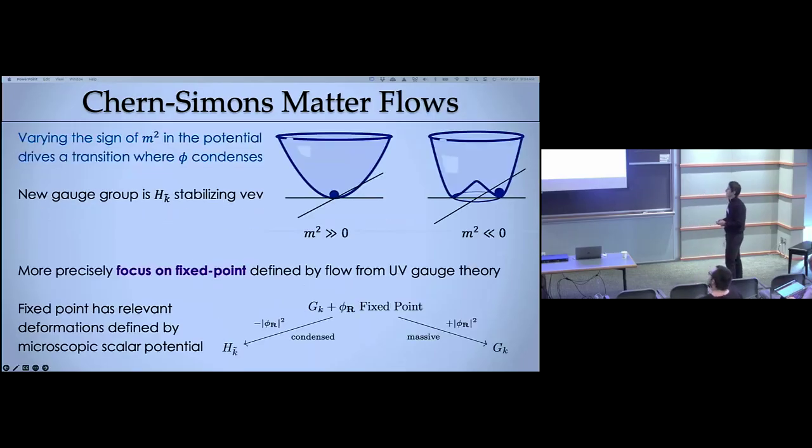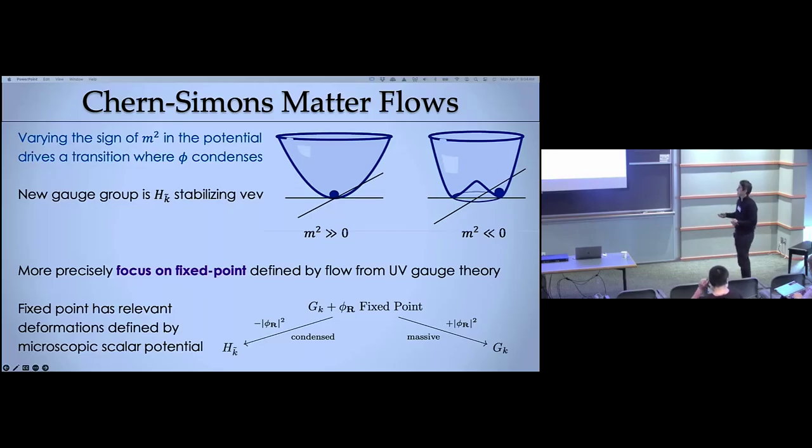Okay, so here's a cartoon of the transitions that we're interested in. We're going to vary the sign of m squared in the potential, and this will drive a transition where phi condenses. Here's where the quadratic term is very positive. You have a potential roughly like this, and some minimum at the origin.